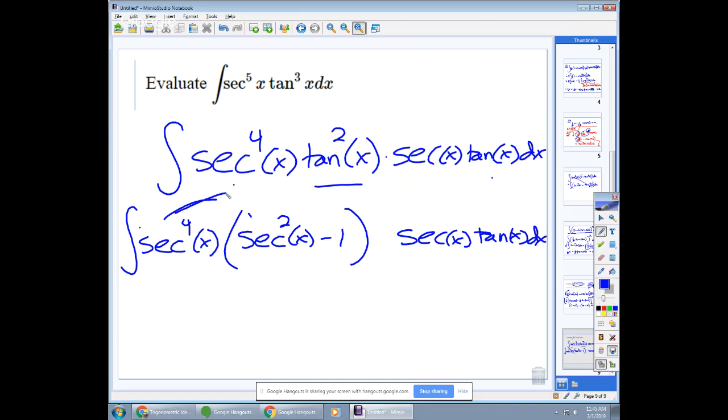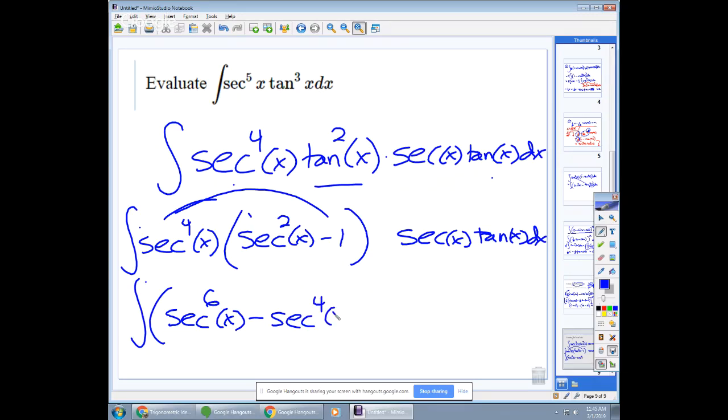I need to distribute the secant to the 4th through there. So now I'm going to have the integral of secant to the 6th of x minus secant to the 4th of x, parentheses around that difference, because it's being multiplied by that secant tangent, dx.